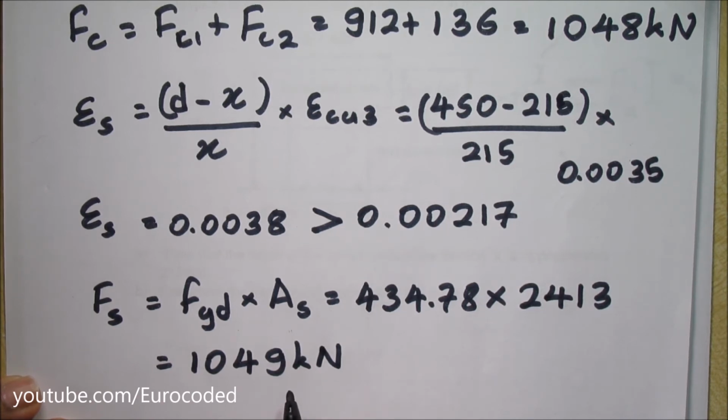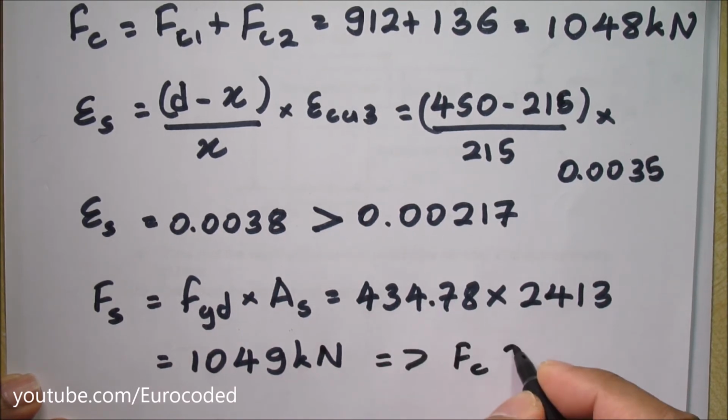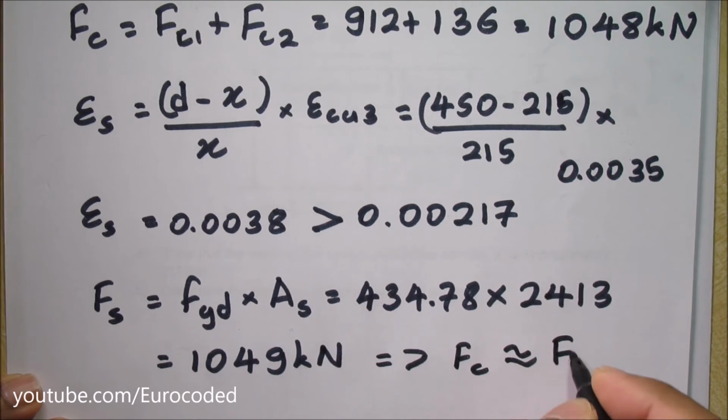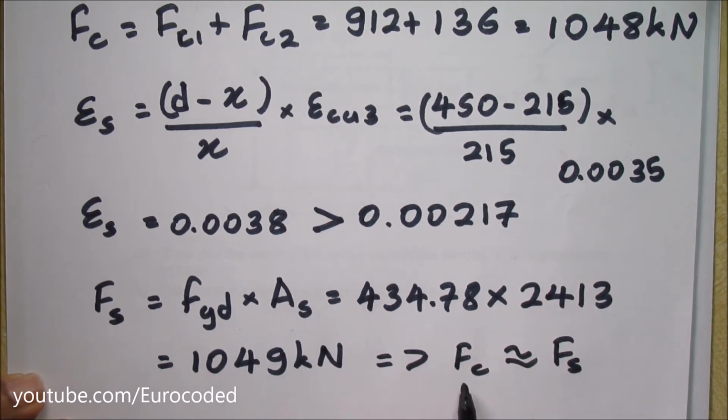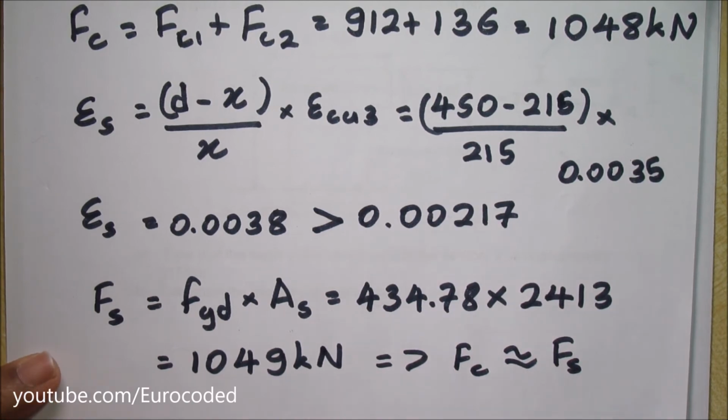That means Fc is approximately equal to Fs. This is the proof that the internal forces are in equilibrium. Therefore, the given depth to the neutral axis x value, 215 millimeters, is correct. Now we have completed part 1 and we can move on to part 2.